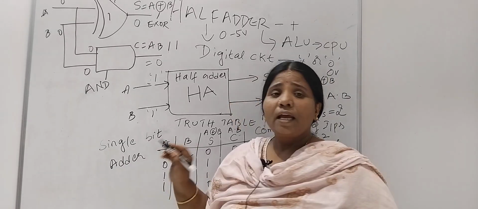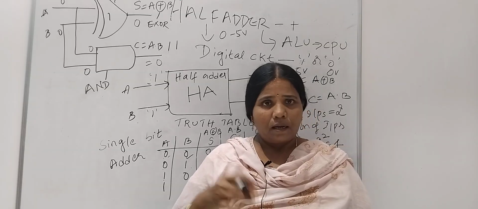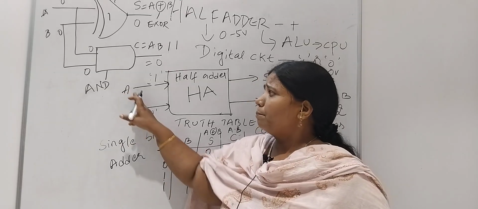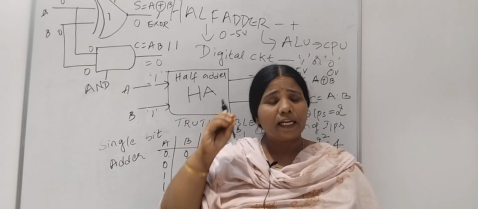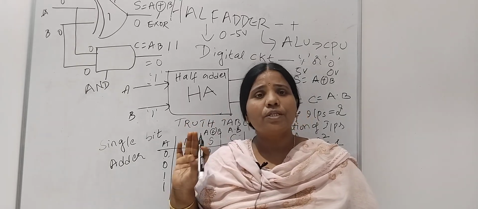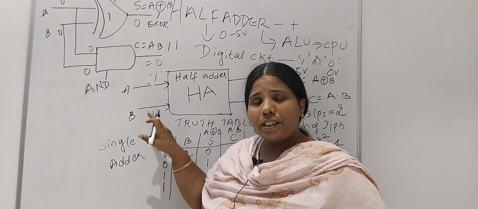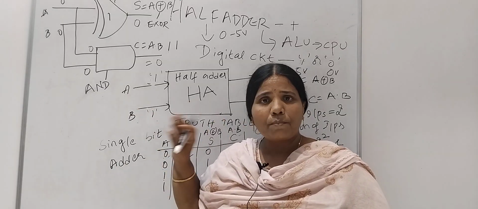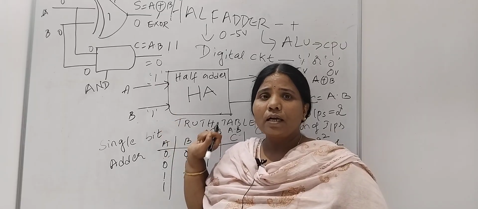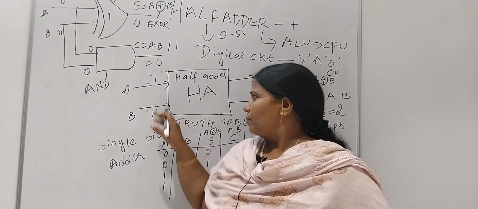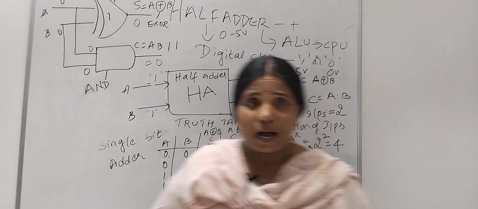Don't say it is a 2-bit adder. That is wrong, because there are 2 inputs. 99% of students will do this wrong. The analysis is wrong. Depending upon how many bits each input takes, the adder will be called correspondingly. Okay. So this is about half adder.